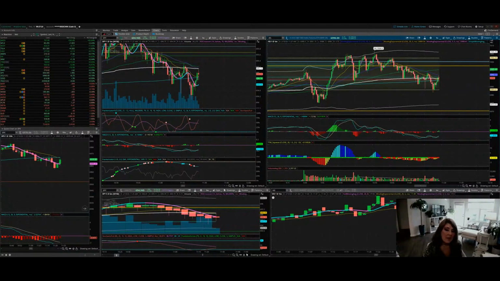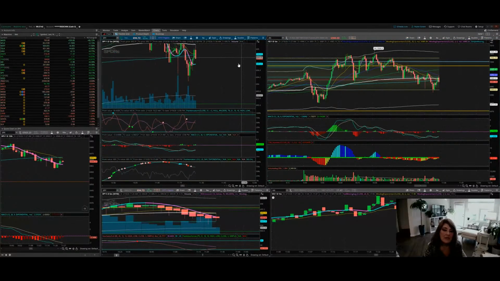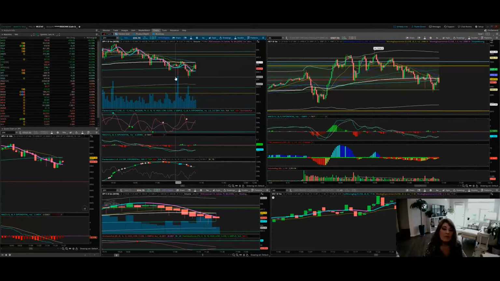It's an indicator that institutions do use, the VWAP. It's an average of the price, but it gives weight to volume. So see how we get this big volume bar right here? Let me move these guys up so you can see it. Look at how big that volume bar is. When we get volume like that, the VWAP adds weight at that level.